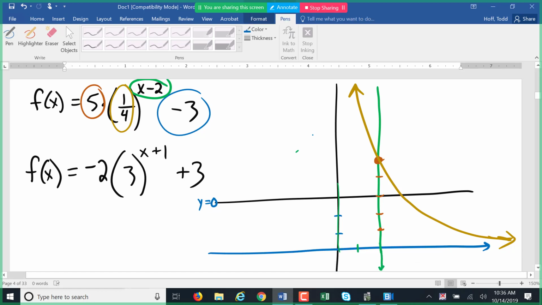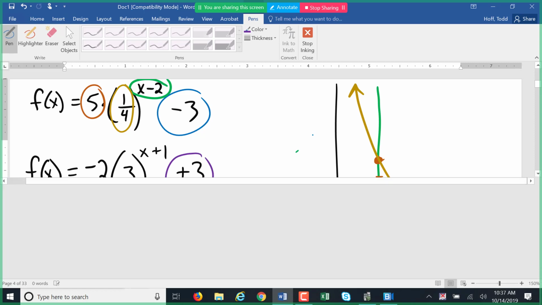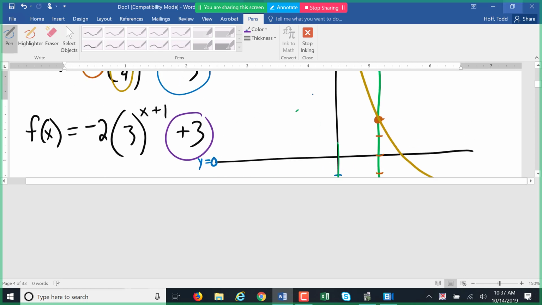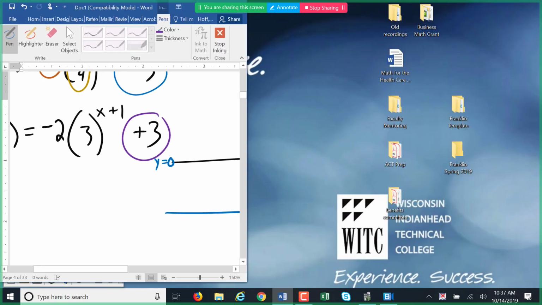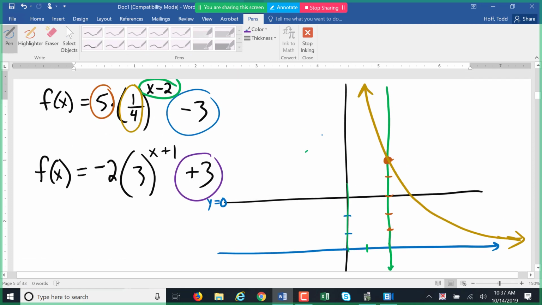So the first thing that happens, of course, is it moves our axes. This plus 3 out here moves our horizontal asymptote from the x-axis, or y equals 0, up here to y equals 3.